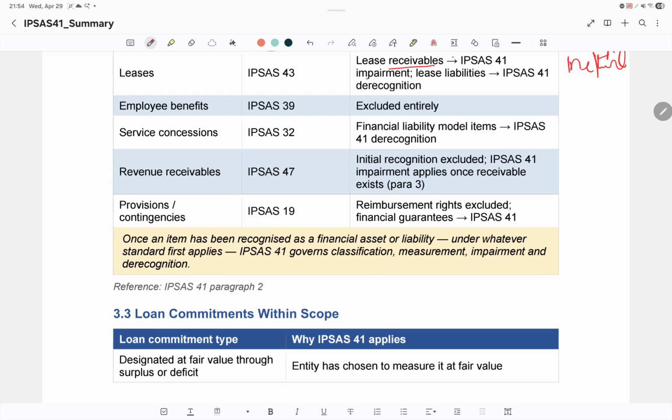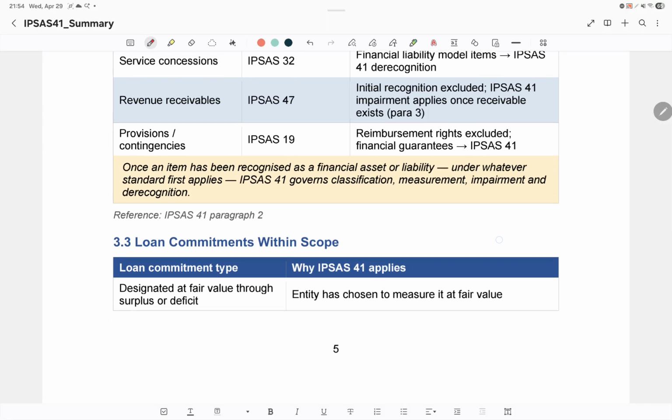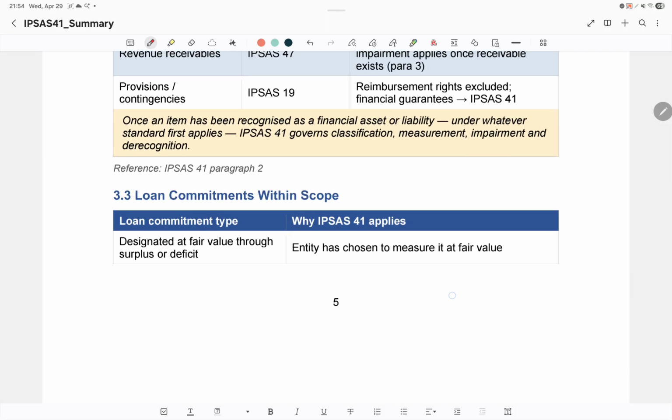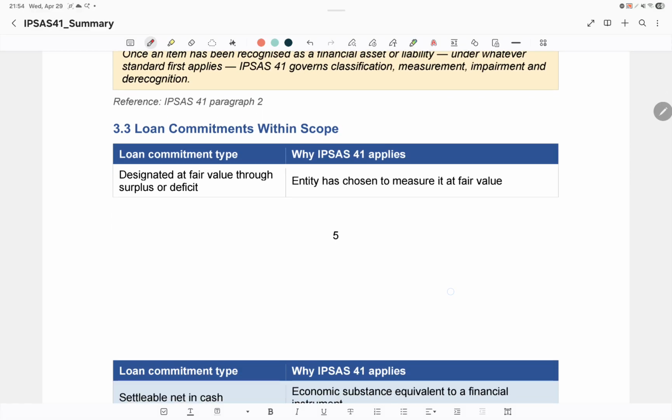Once an item has been recognized as a financial asset or liability under whatever standard first applies, then IPSAS 41 governs classification, measurement, impairment, and derecognition most of the time, unless excluded in those other IPSASs. So loan commitments are within this scope.